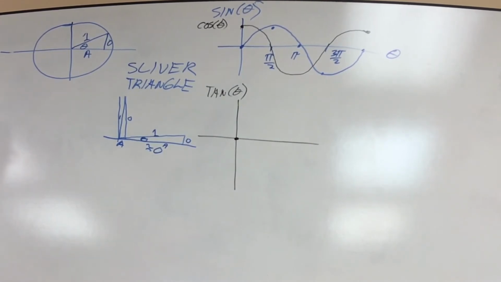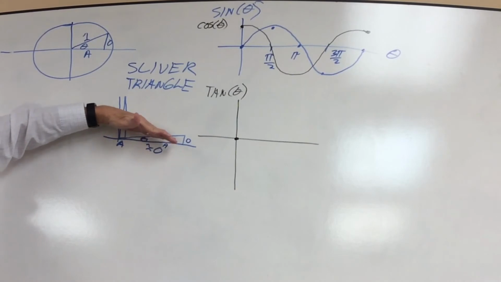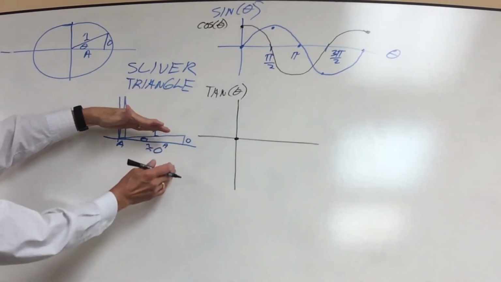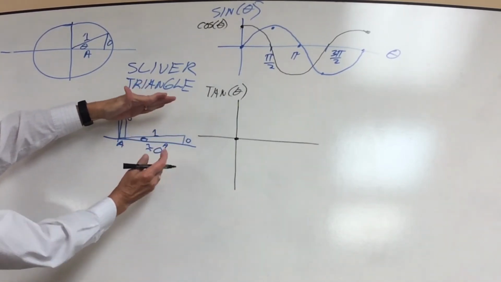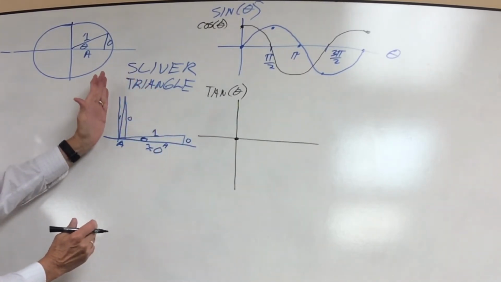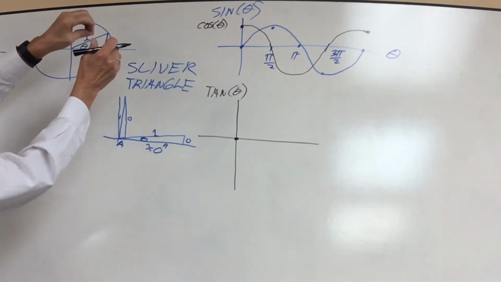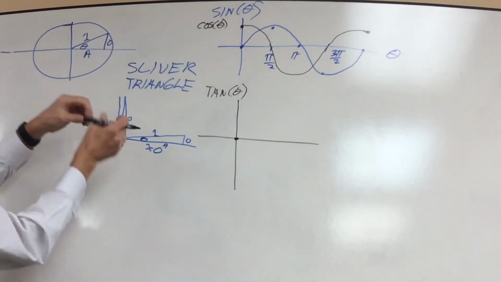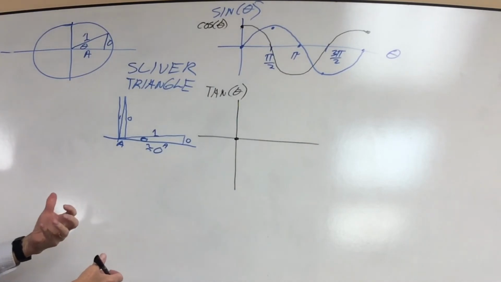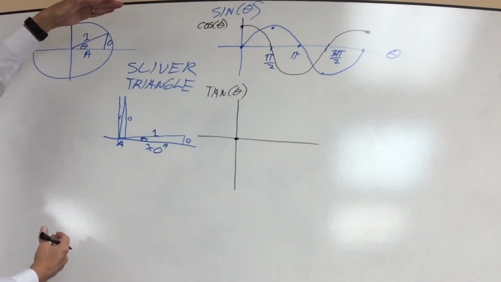Now let's ask ourselves, what happens when we rotate? Well, the opposite side gets bigger as we go up in value, and the adjacent side shrinks because we're coming toward the vertical axis. So what happens is we take an increasing number on the top and divide it by a decreasing number on the bottom, and when you take big on the top and little on the bottom, guess what?